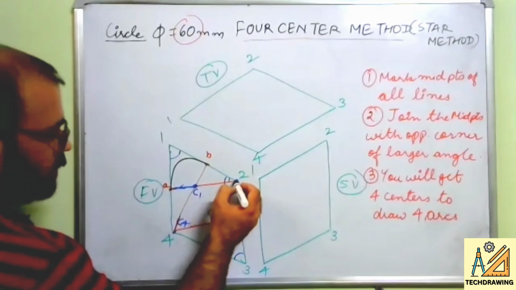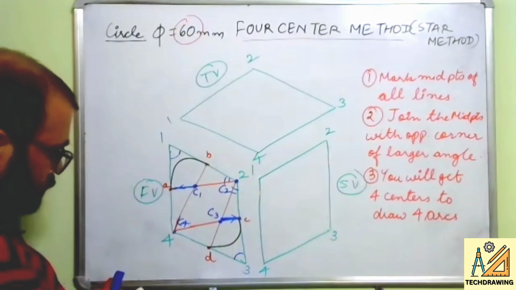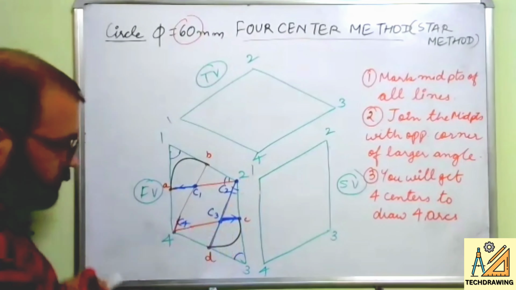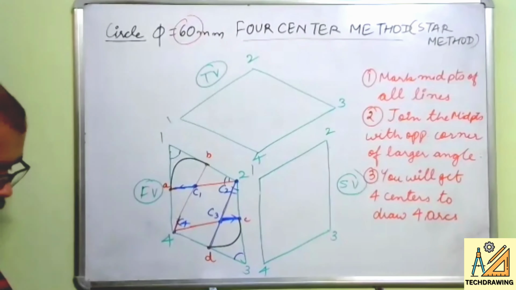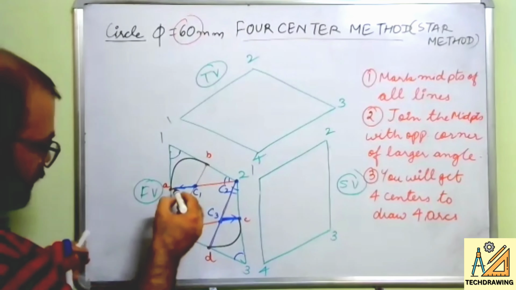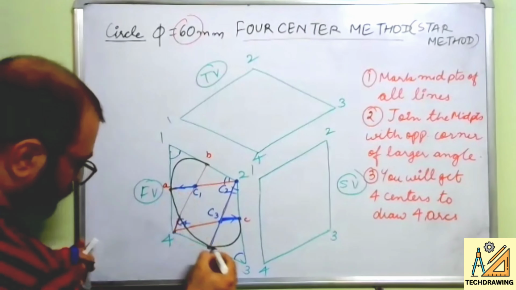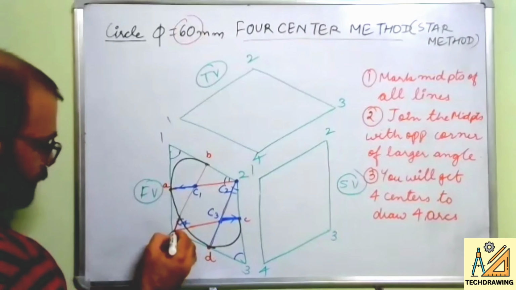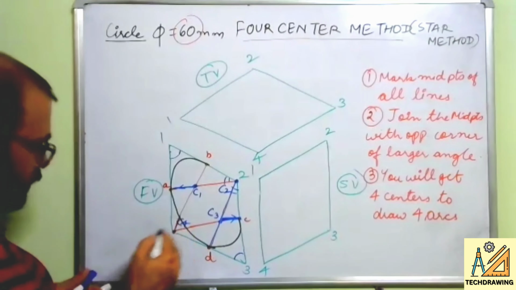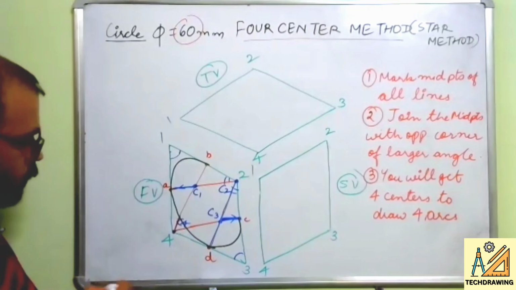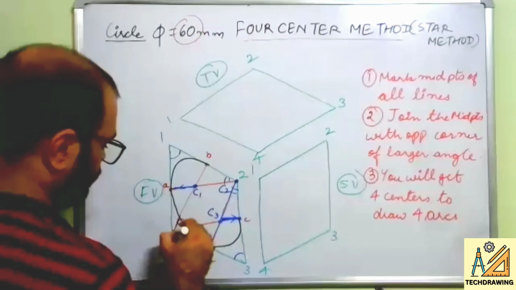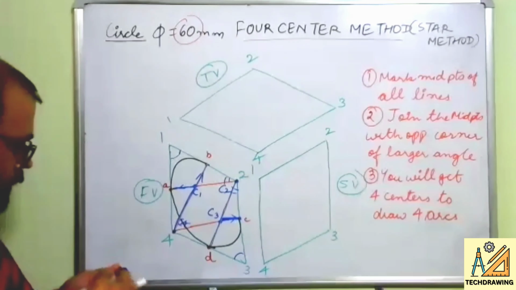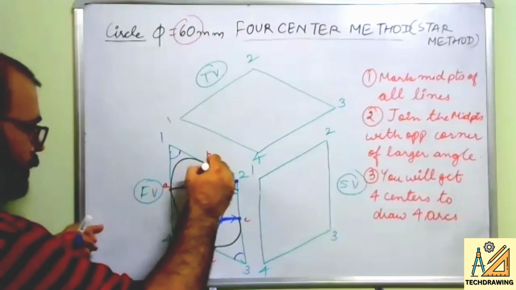Similarly, keep your compass here, open it till D and then mark an arc between A and D. Similarly, keep your compass at C4, open it till B, and mark an arc joining B and C like this.